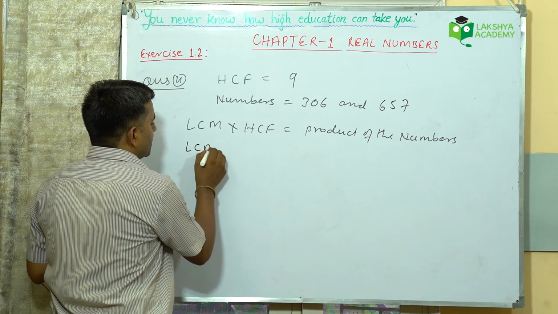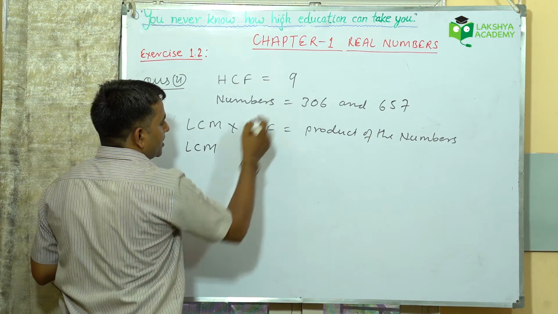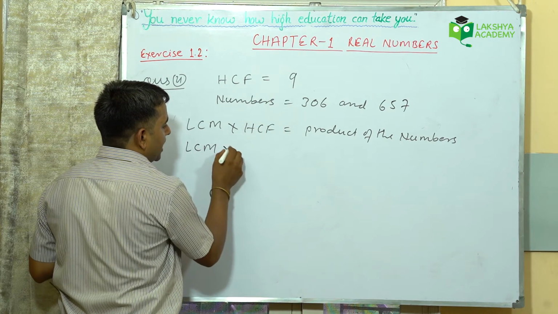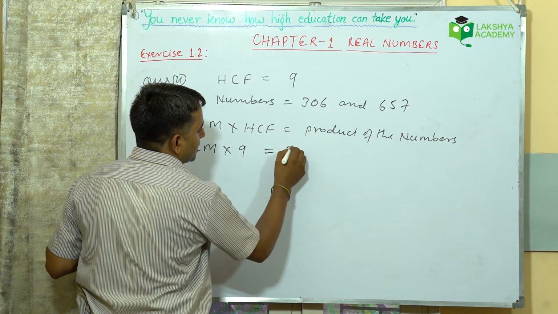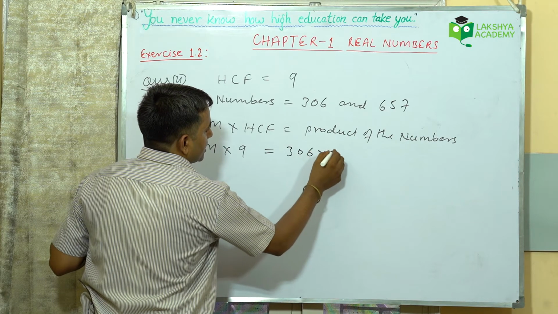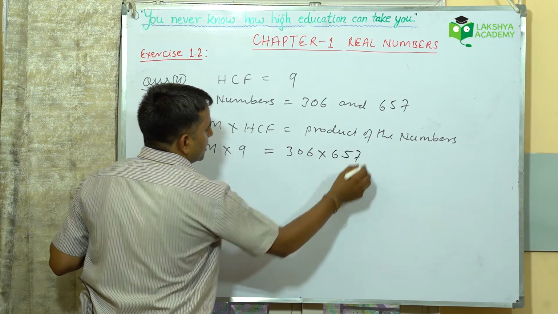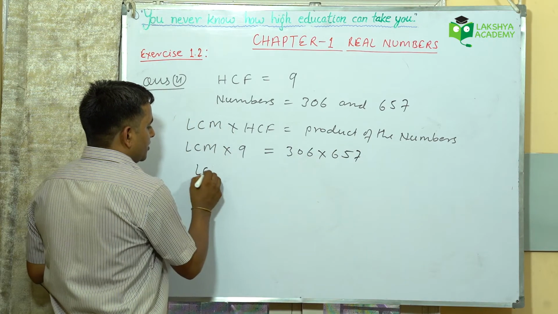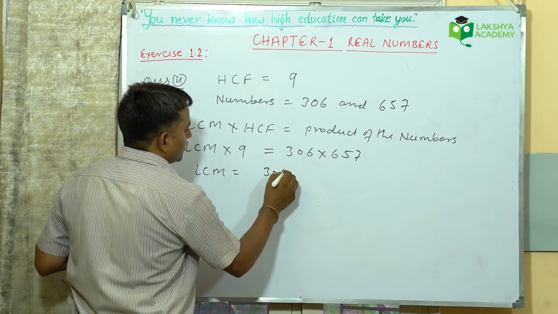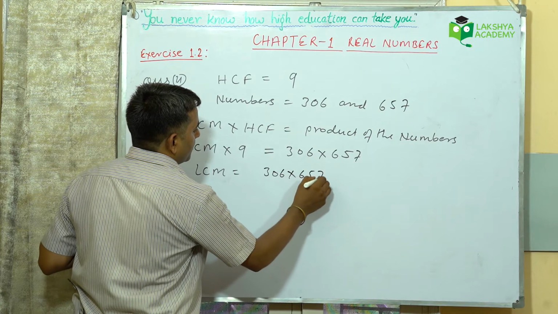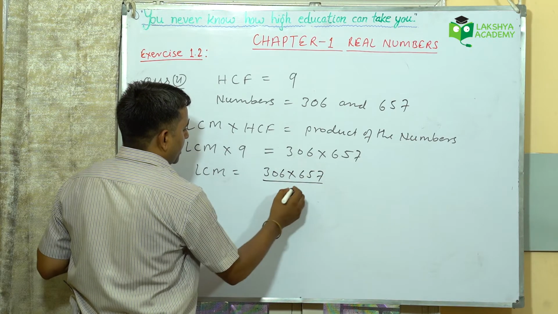So LCM as it is, because we need to find it, substitute the value of HCF. HCF is 9. So LCM into 9 is equal to the product of the numbers. Numbers are 306 and 657. So LCM would be equal to 306 into 657 divided by 9.